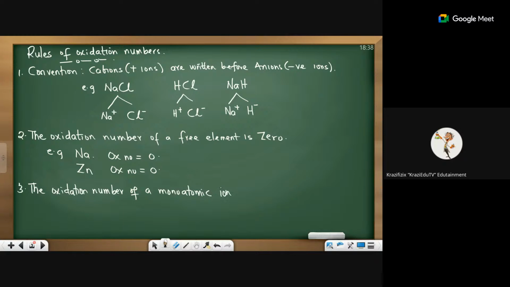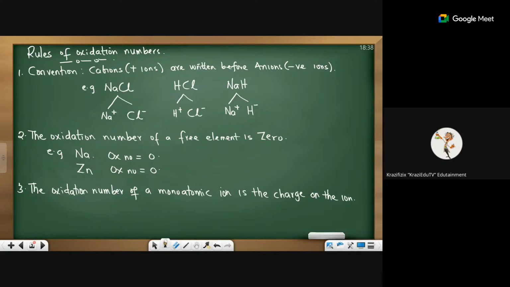The oxidation number of a monoatomic ion is the charge on the ion, which is what I was trying to explain earlier.